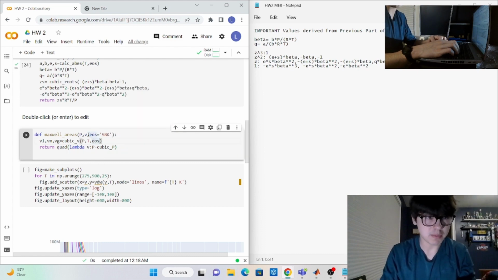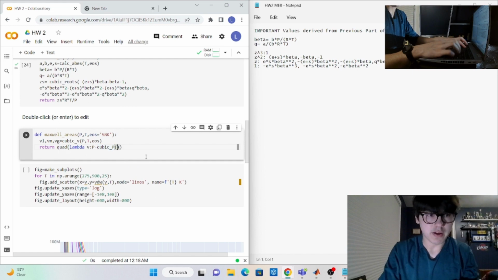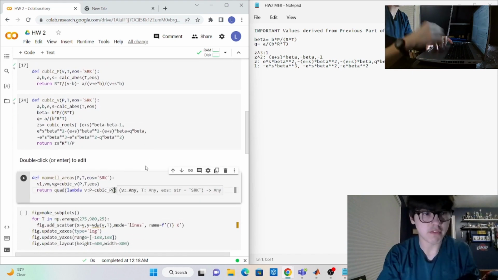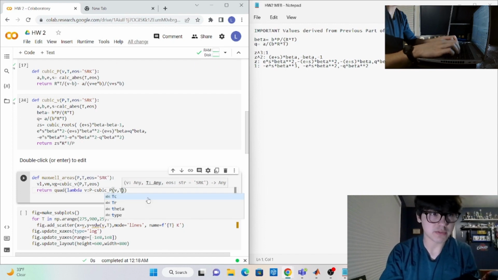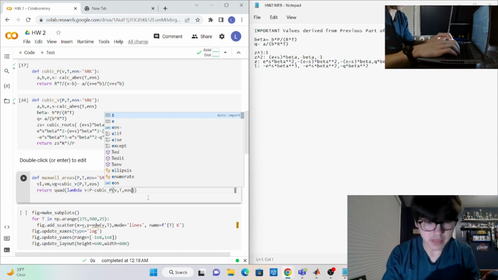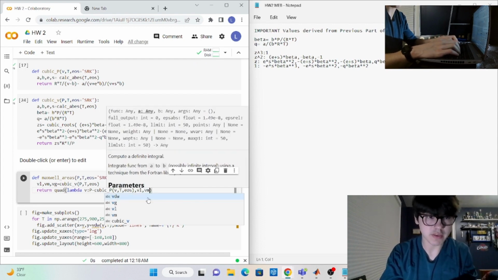Oh wait, we want temperature, not volume here. Cubic_volume, that's on temperature. What do we have? Cubic_pressure, volume and temperature, EOS. And then we want to set the limits of integration here to VL and VM.